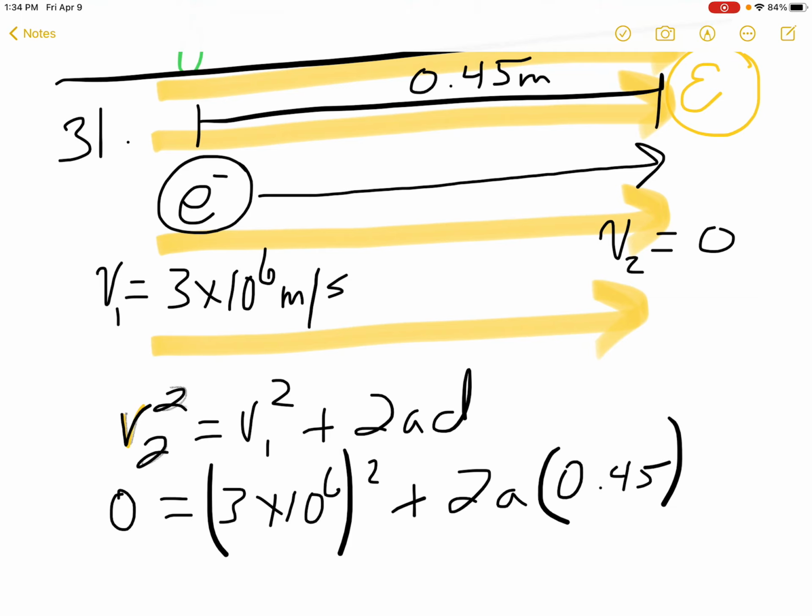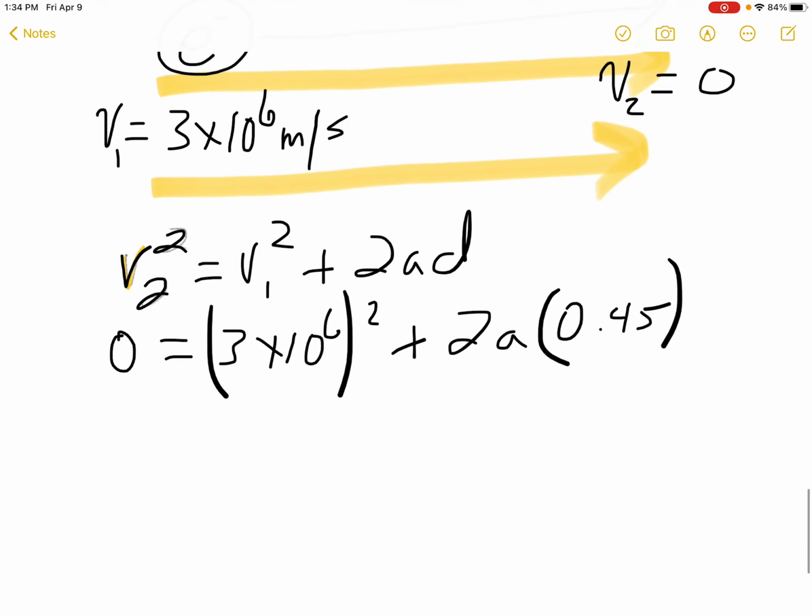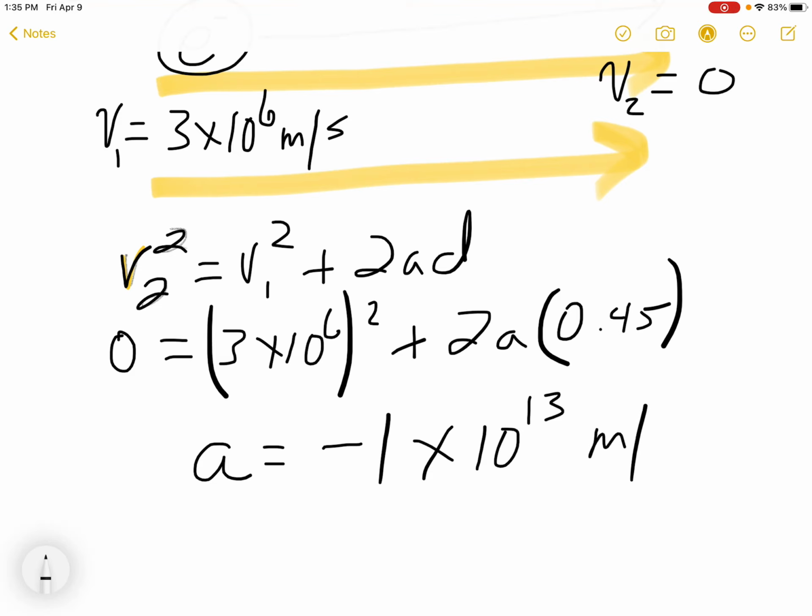And when we crunch this out, you'll get an A of negative, which is what you want because it's slowing down, right? 1 times 10 to the 13. Very large A. Now you might say, isn't that faster than the speed of light? A is not a speed. A is how fast speed can change. So there's no limitation on how high that can be. A V can't be faster than light, but an A can. Okay, so there's our A.